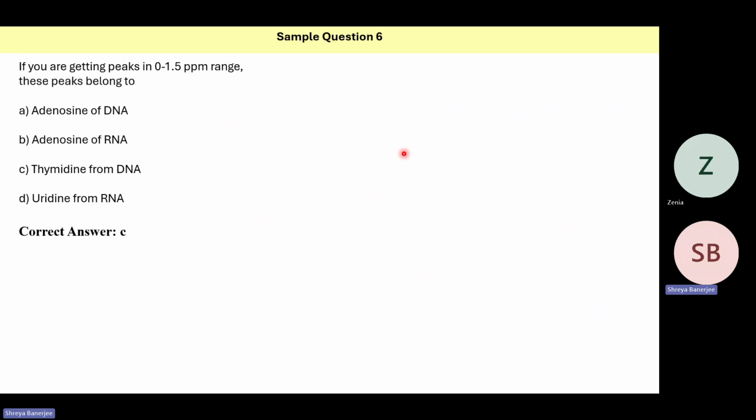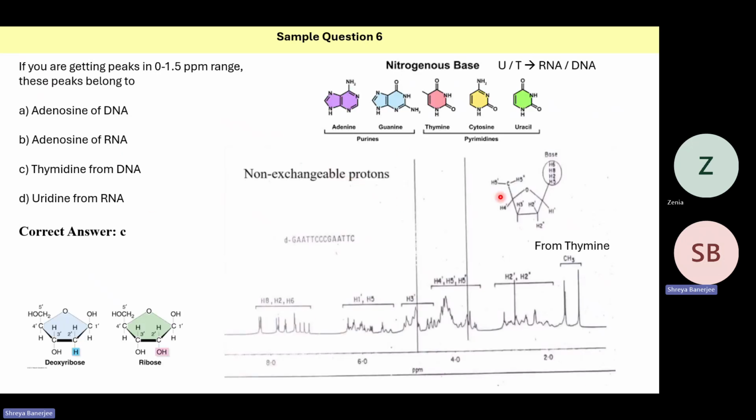So here the answer is thymidine, because such upfield shifts less than 2 ppm can only belong to the CH3 group, which is this CH3 group that is present only in thymidine. All other shifts, whether it belongs to the nitrogenous base or the sugar protons, they all occur downfield of 2 ppm. But the 0 to 1.5 ppm range is very characteristic of this CH3 group in thymidine. So that is the option C.